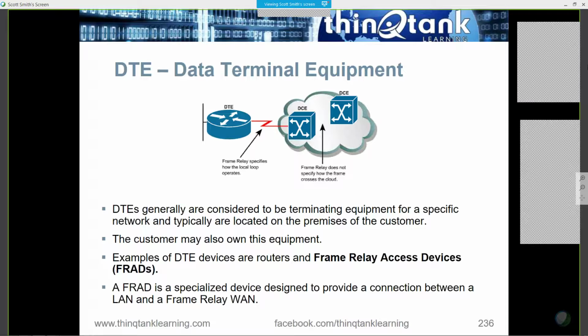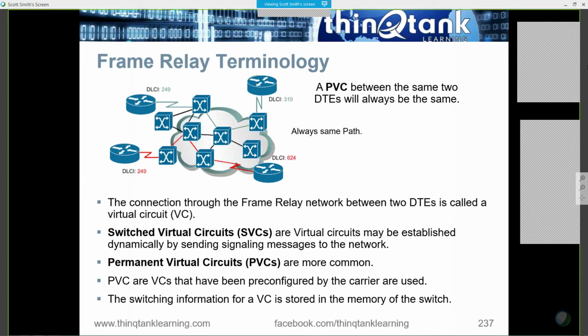Frame relay is actually really, really simple to configure. There are a couple of things you need to know about frame relay. There are some rules that you have to follow, some general concepts, but we'll see that as we go through the rest of this chapter. The connection through a frame relay network is where we create this virtual circuit.